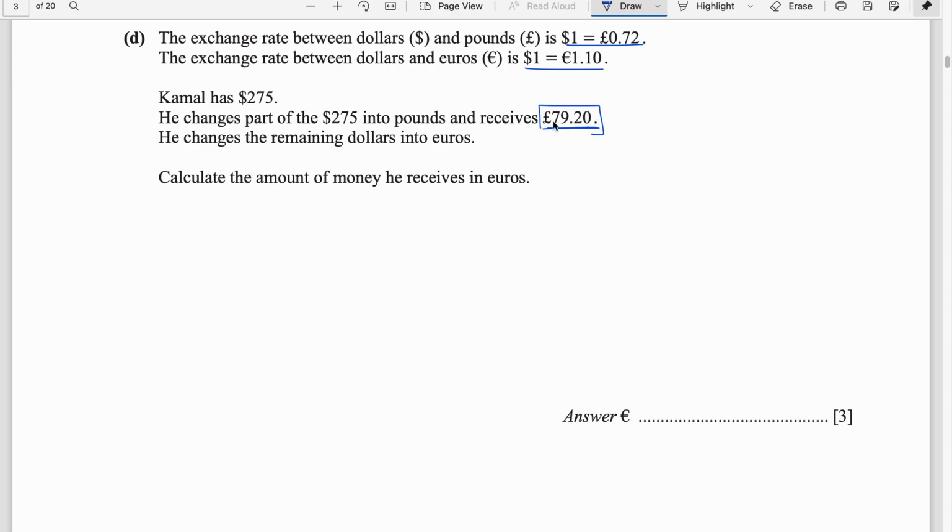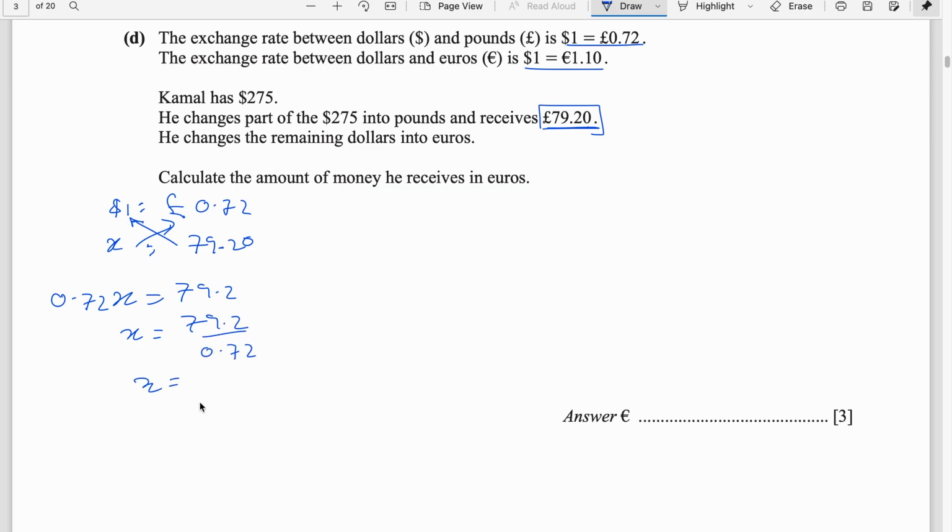Okay, firstly, he changed a few of the dollars into pounds. So let us pick up this exchange rate between dollars and pounds. So if he changed some dollars into pounds and he received 79.20, cross multiply, x is equal to 79.2 by 0.72. He must have changed $110.